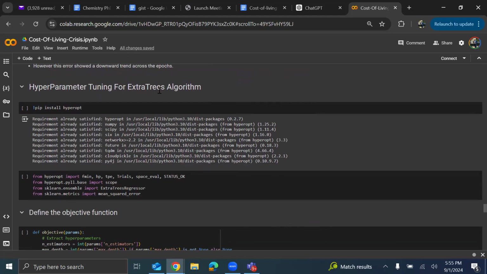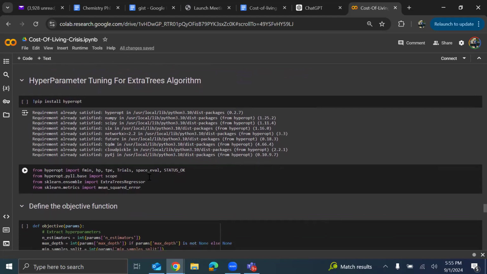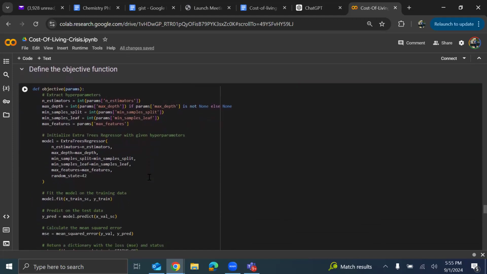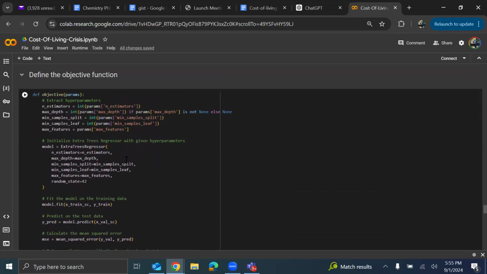The first thing I did was to tune the XGBoost algorithm. I used Hyperopt because it is going to help me tune it automatically. I gave it what I wanted to monitor and designed my scope.